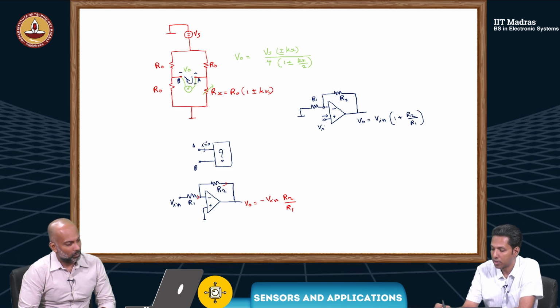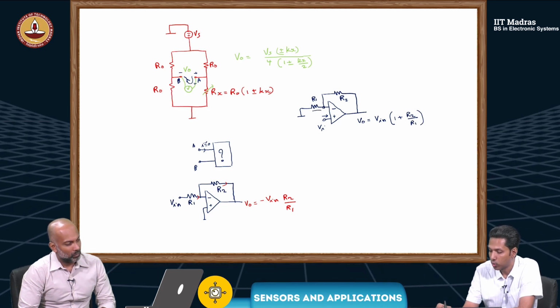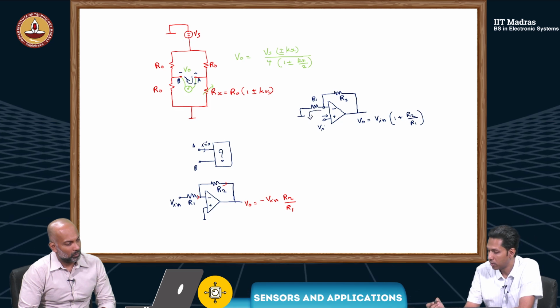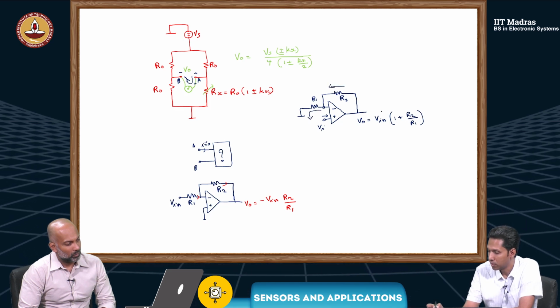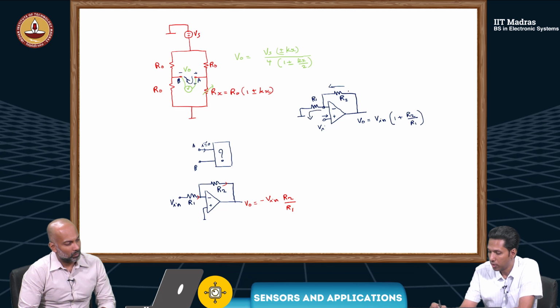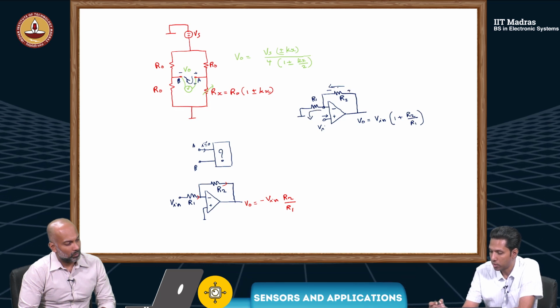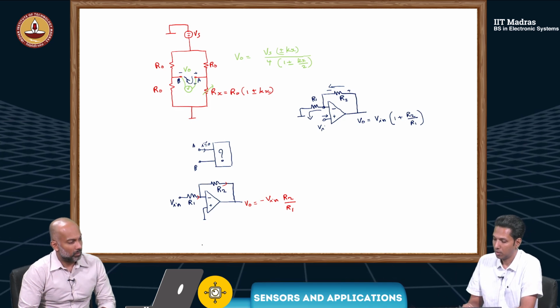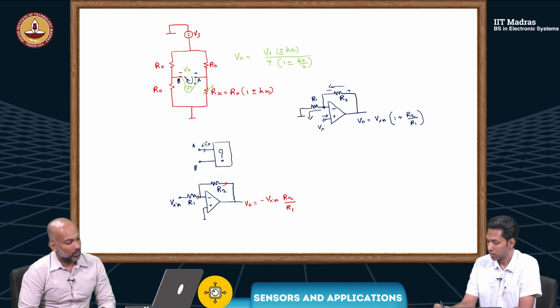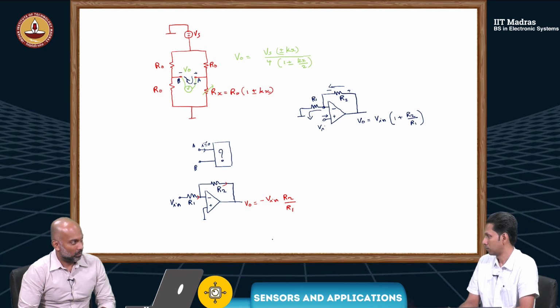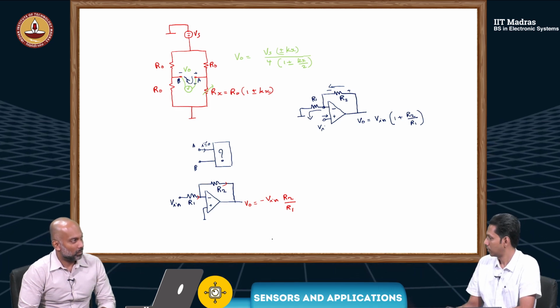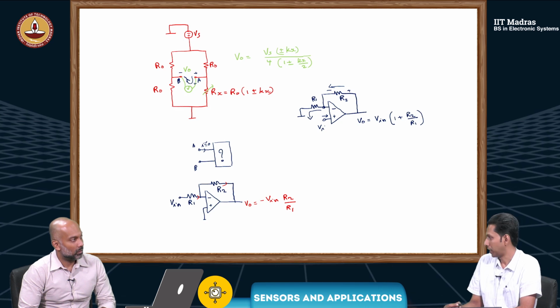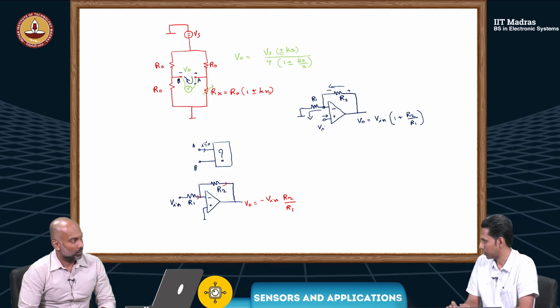Because this is at Vi, there will be a current of Vi by R1 here. The same current flows through this. So the output voltage here will be dropped across this plus Vi. So the advantage is it will not draw current. So input impedance is very high and you have some amplification also.